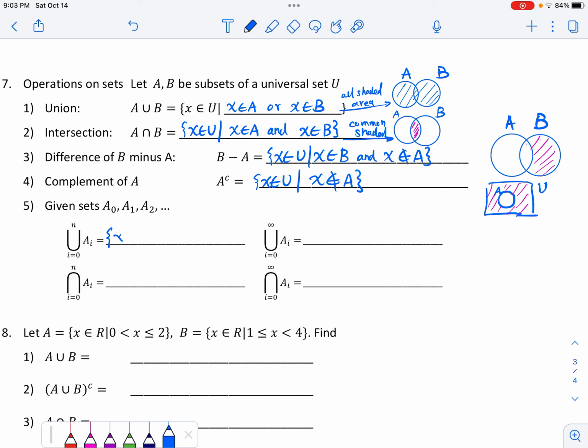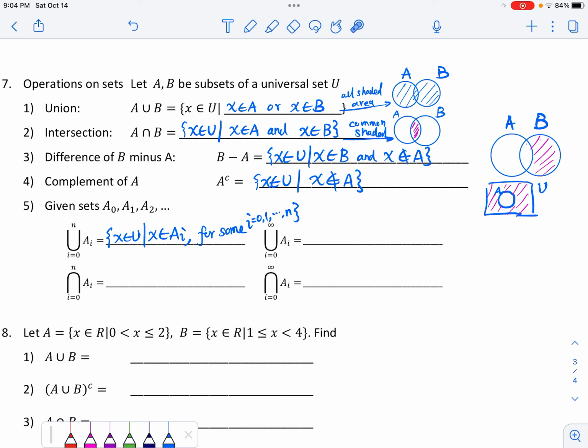So that means X in U such that X in AI for some I from 0, 1 to N. So that's how we define it. So the union is X has to be in at least one AI.